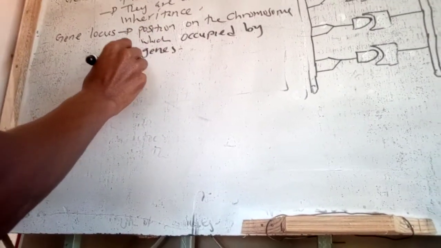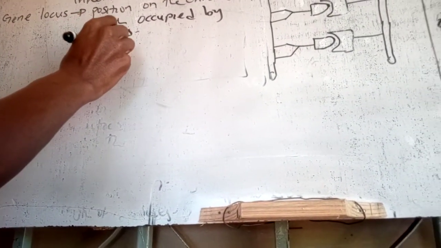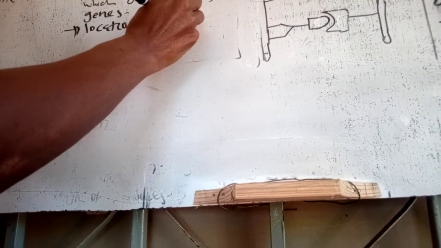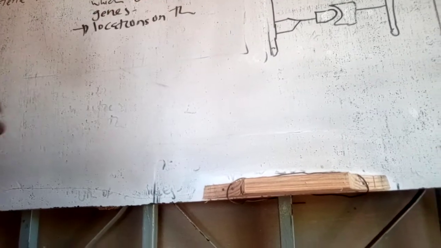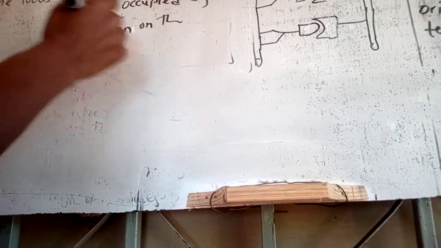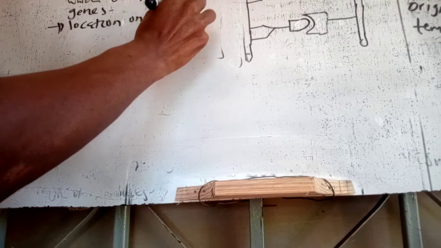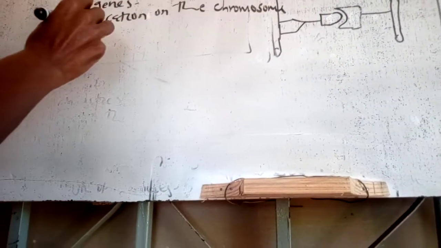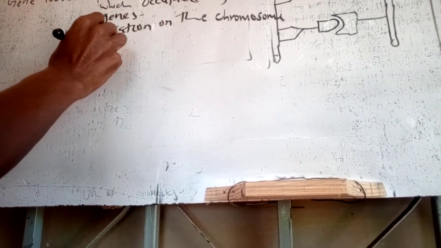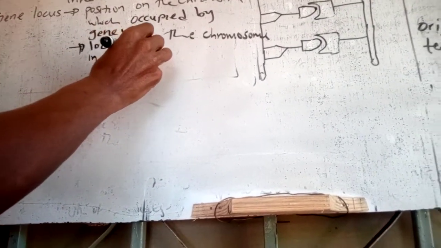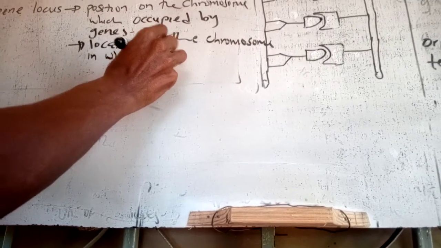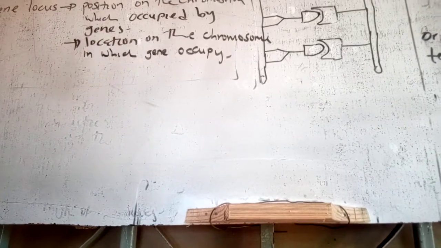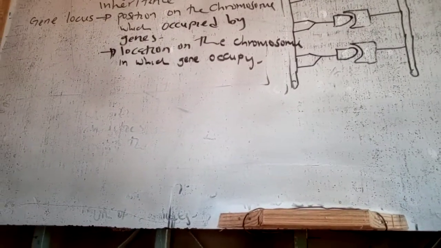Or you can say it is a singular locus, the location on the chromosome which a gene occupies, and that is what we refer to as a gene locus.